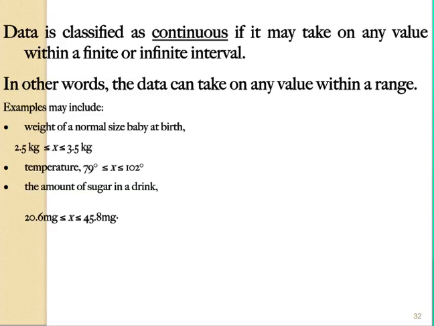If you say you did an exam in 20 minutes, is it exactly 20 minutes, or 19 minutes and 45 seconds? So values that lie in a range, that is continuous. Or another way of looking at it, things that you measure. Time is something that you measure. Height is something that you measure. Weight is something that you measure. Temperature is something that you measure. The amount of sugar in a drink, that's something that you measure.